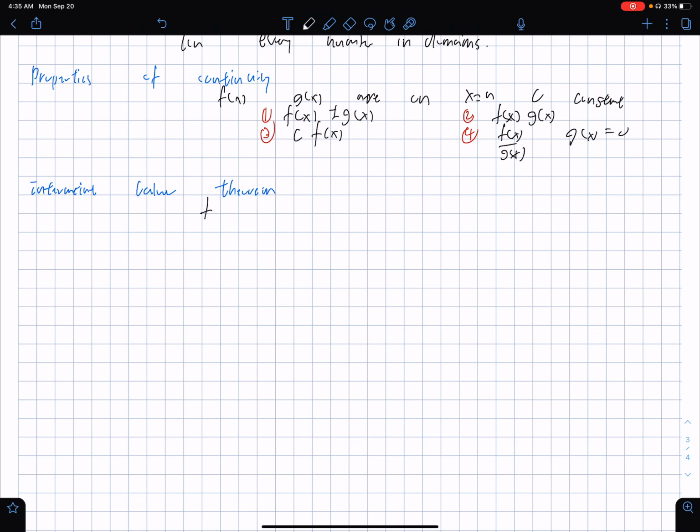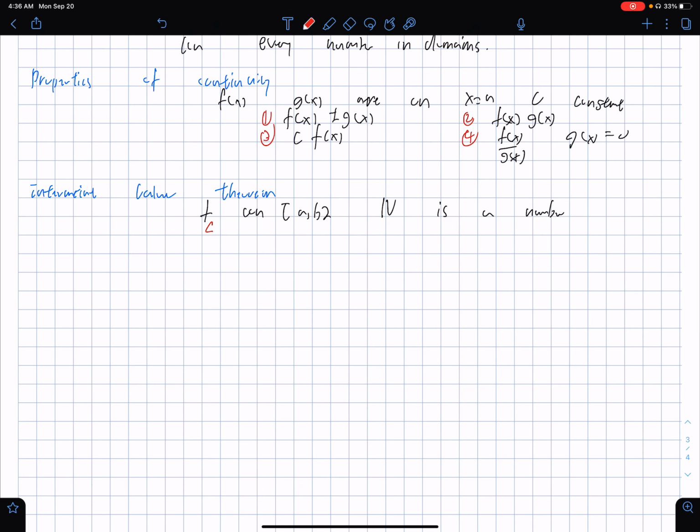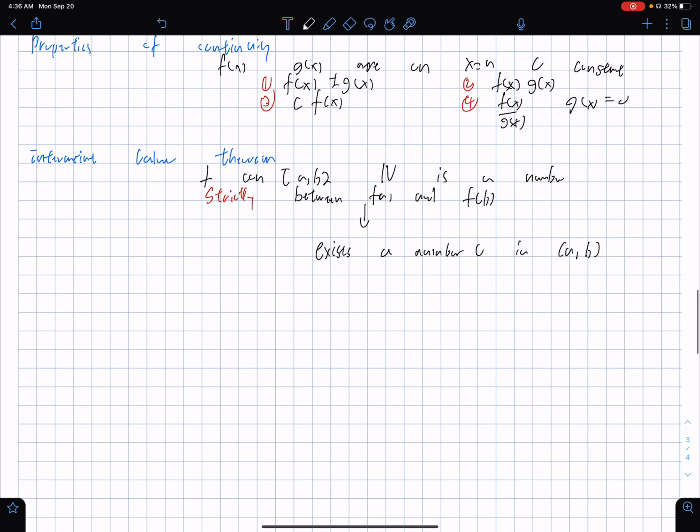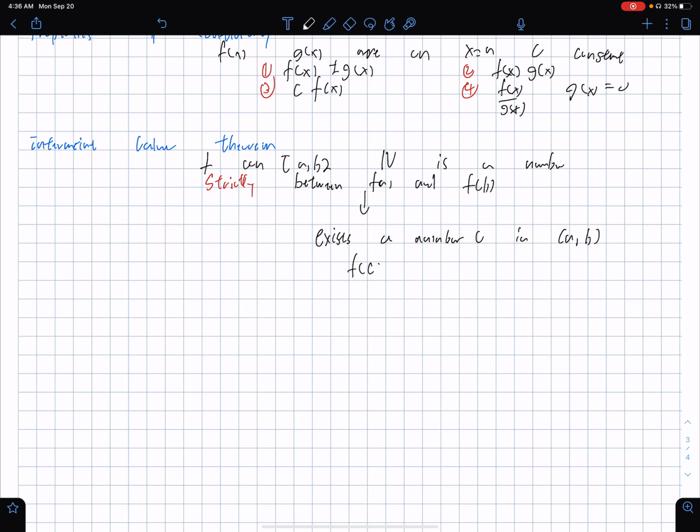So if the function f is continuous on the interval [a, b], and if n is a number, and this is very important, strictly between f(a) and f(b), then there exists a number c in [a, b] such that f(c) equals n.